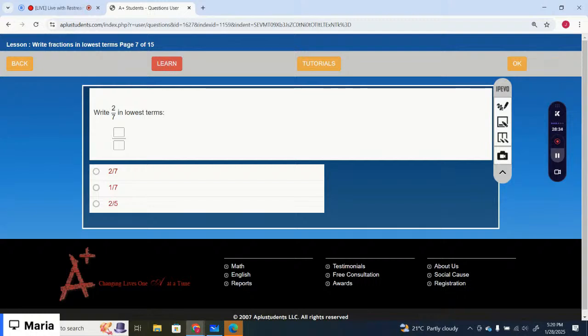Write 2 by 7 in lowest term. The correct option is 2 by 7, which is already in the lowest form.